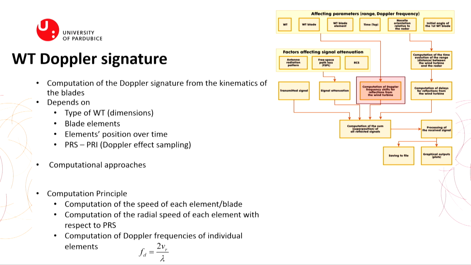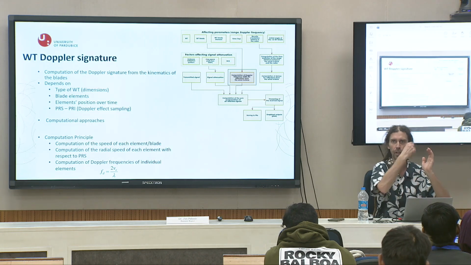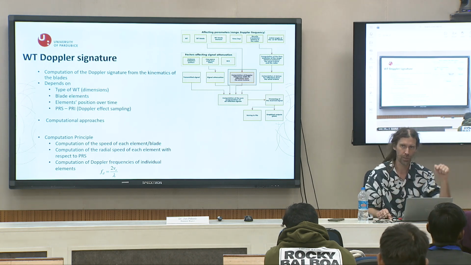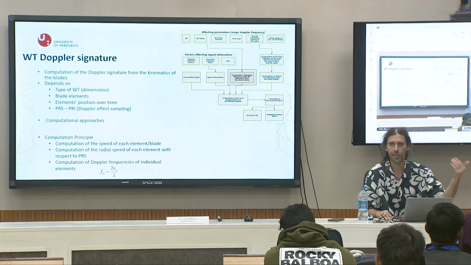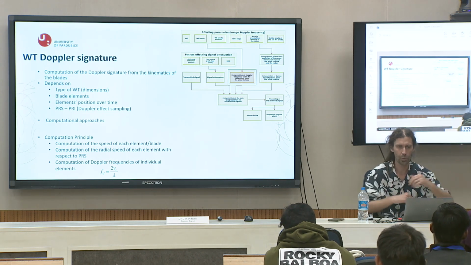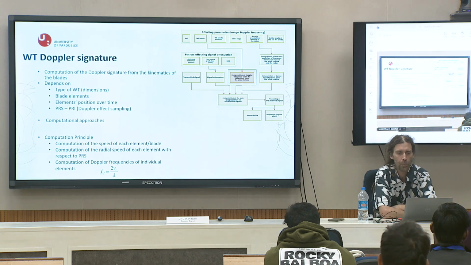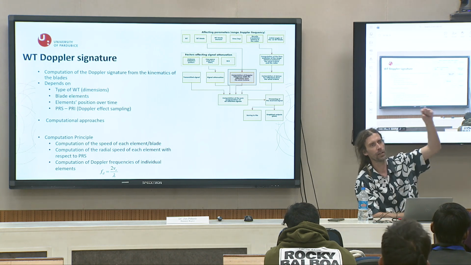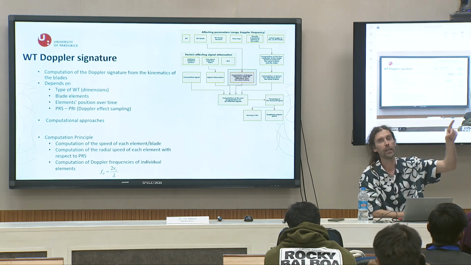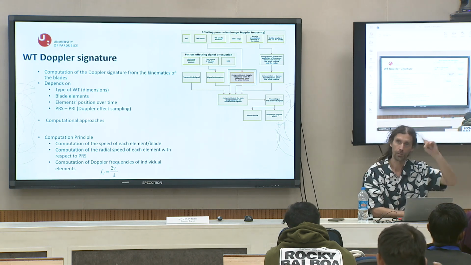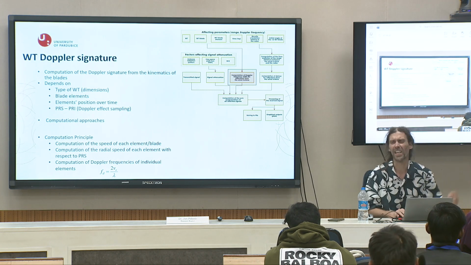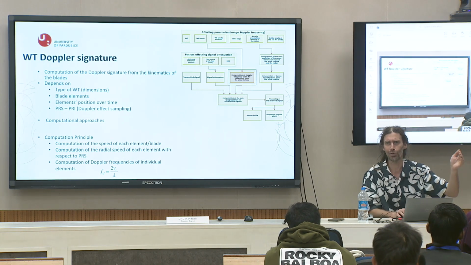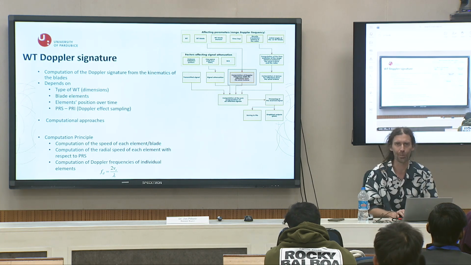Computation of radial speed of each element with respect to PRS, because we need to compute first, independently of the radar, what the speed of each element is. Based on this speed, the distance will change, and all other things, of course, and then computation of Doppler frequencies of individual elements. From the last element, where the highest speed will be, we can evaluate whether aliasing occurs or not, because it is clear: if it does not occur for the end of the blade, the rest is fine, because it will be a lower Doppler shift.